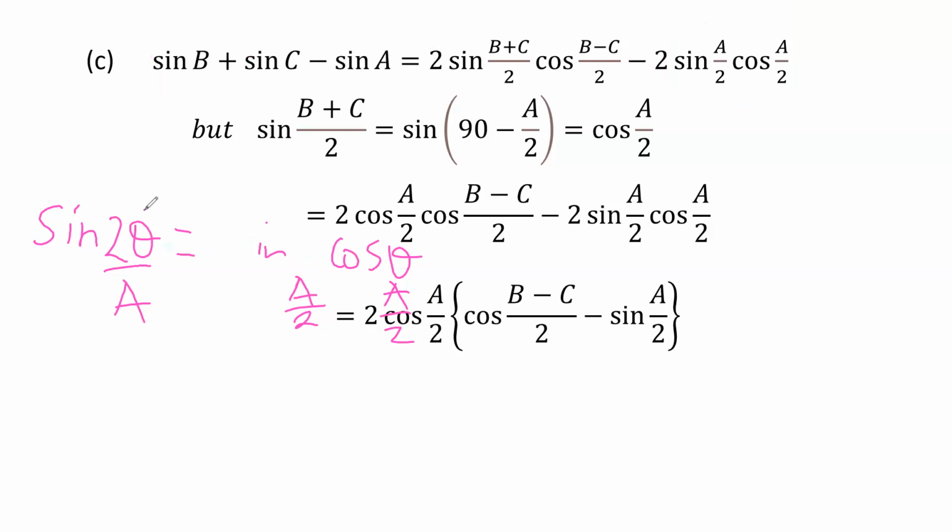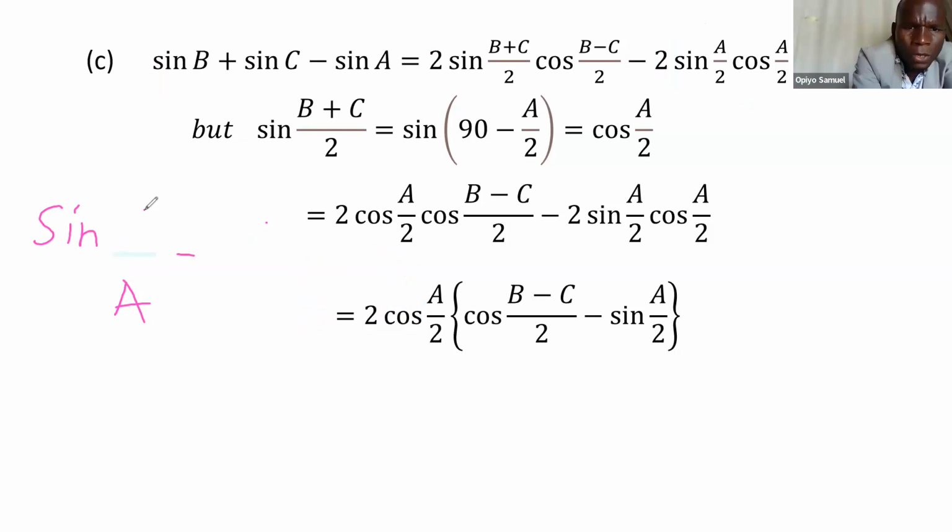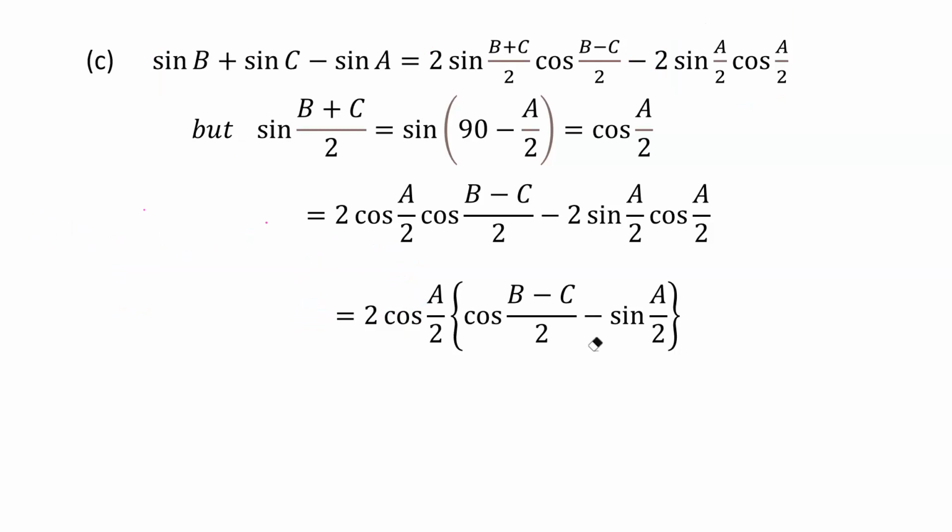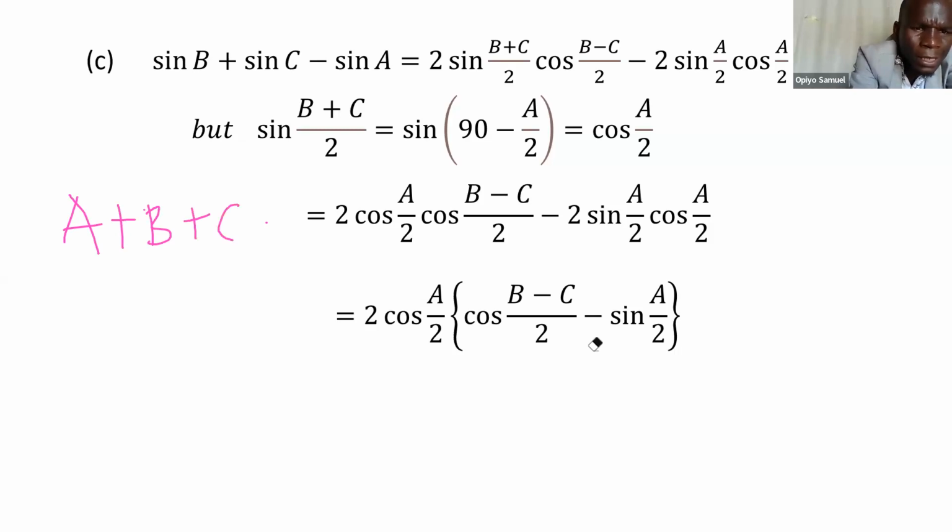Expanding, we need to do something again, and that is to say, remember, A, B, C are angles of the triangle, meaning A plus B plus C equals 180 degrees.